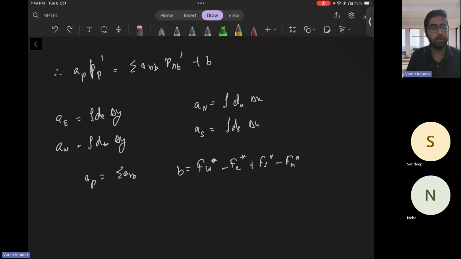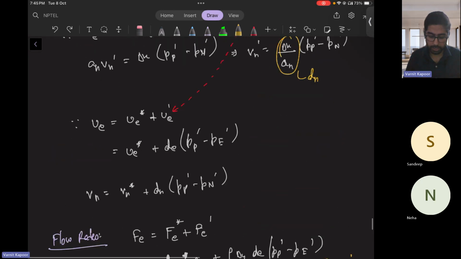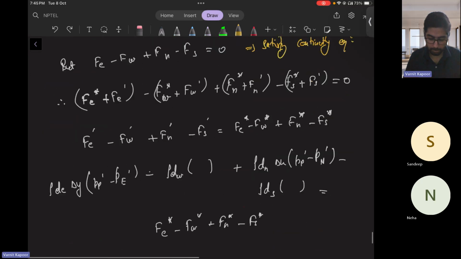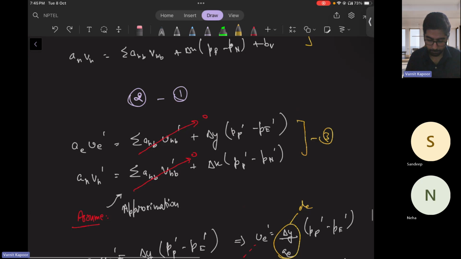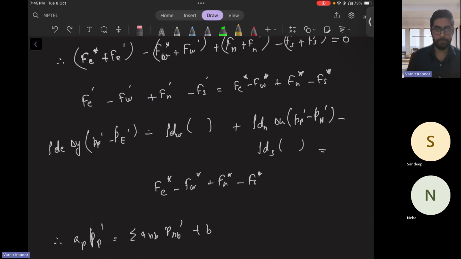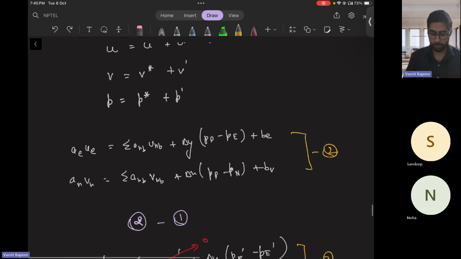The velocity correction will go to zero. So if your pressure correction is computed right, the velocity correction will come out right, because the whole burden was on the pressure values.